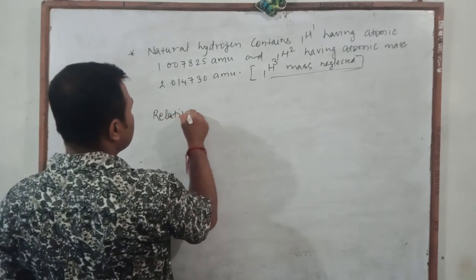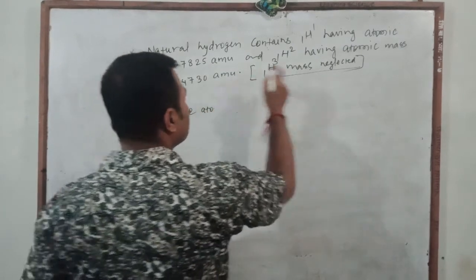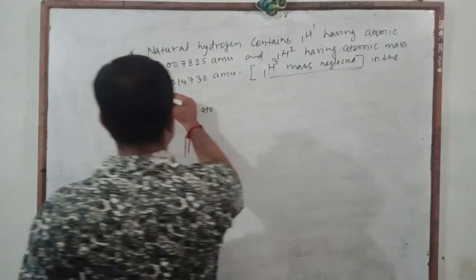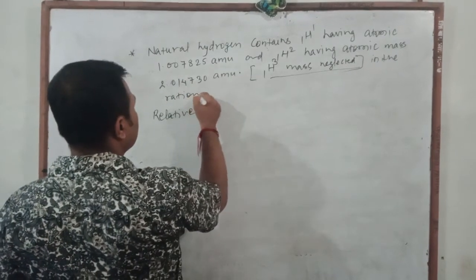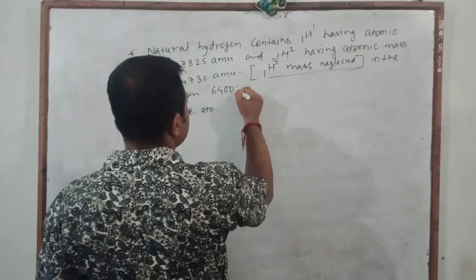the relative atomic mass of hydrogen in the ratio given here, 6400 to 1.